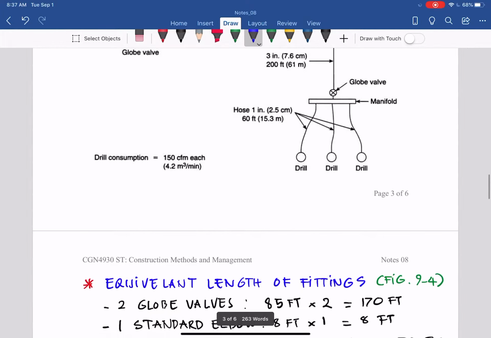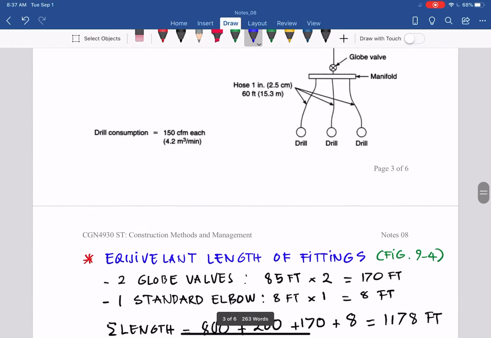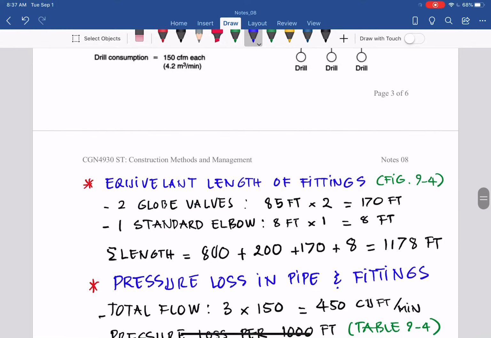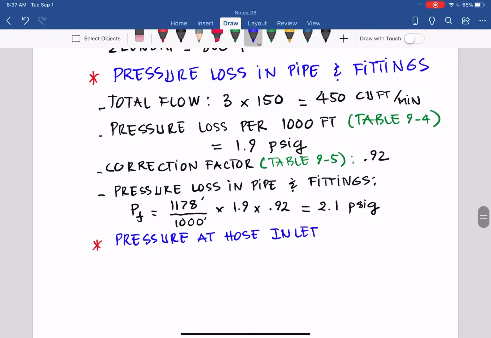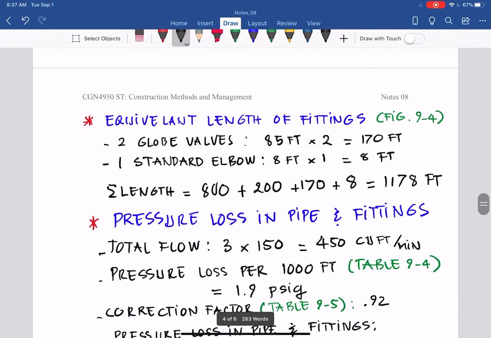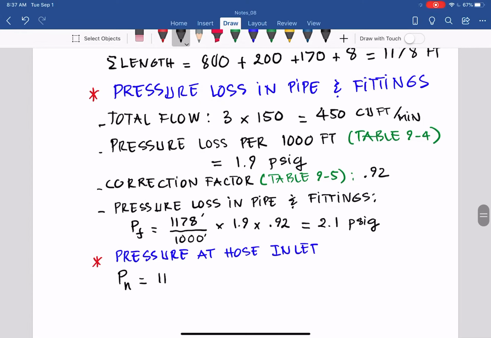So hose inlet here, they just start go out of the manifold. So let's subtract all the loss through the pipe, through the fittings, through the manifold. So let's get that done. So the pressure at the hose inlet, from the receiver, we had 110 psi. So initial 110.